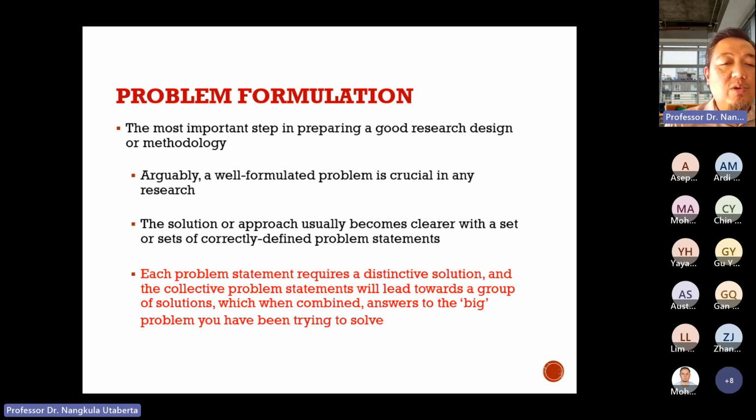Each problem statement requires a distinctive solution, not to say a solution to solve the problems. As researchers, we don't have to ensure that the problem is solved, but we are trying to recommend something in order to overcome the issues and the problems. That is the issue.